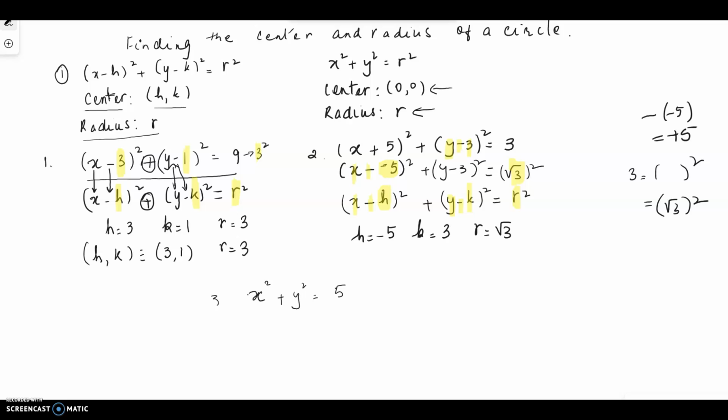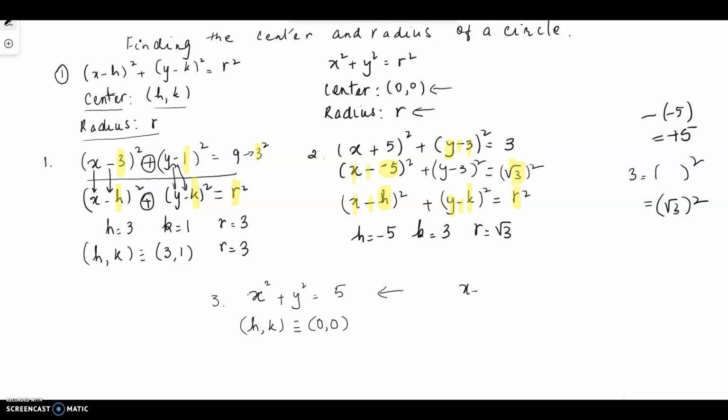Suppose we have x² + y² = 5. Notice that this is the equation of a circle with center at the origin. So (h, k) is (0, 0).